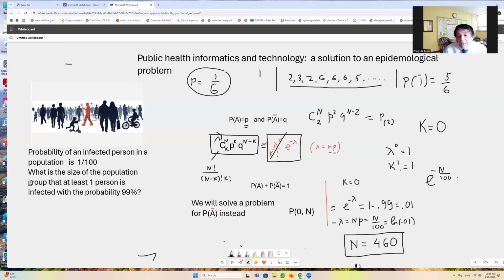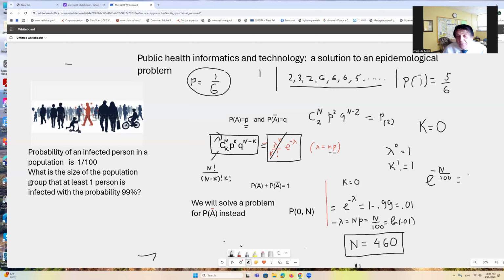And this equals not 99%, because 99% was for the direct problem, but for the supplementary problem, where we do not see infected people, it will be only 1%, right? Because 100 minus 99 is just 1%.